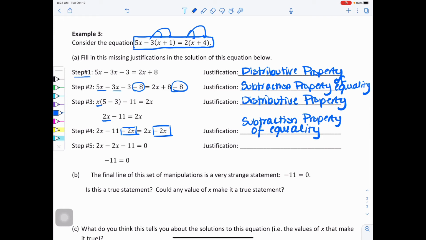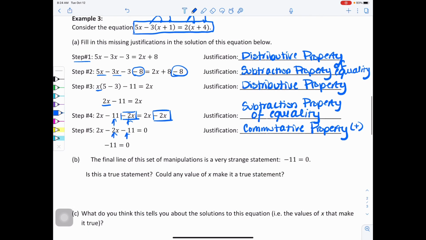And then in our last step, you can see that the negative 11 and the negative 2x have now become negative 2x and negative 11. So the order has changed, making this commutative property of addition.